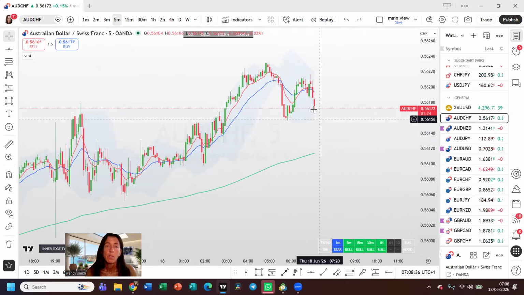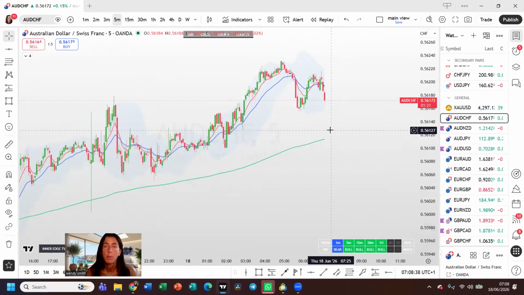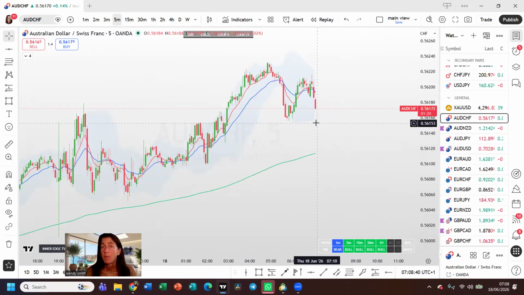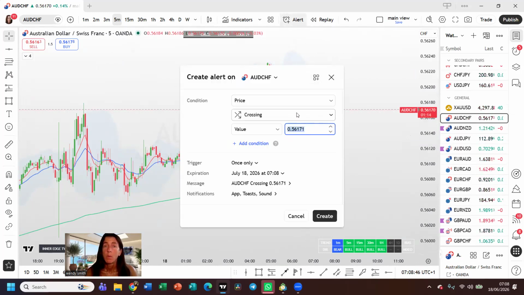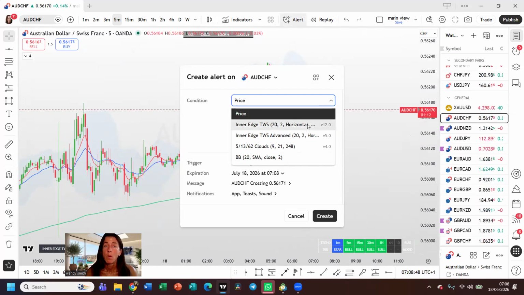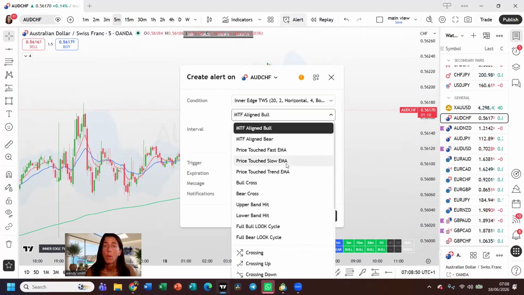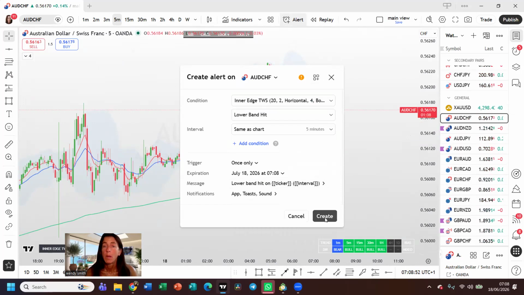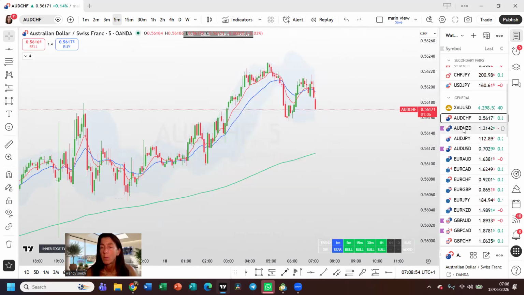So everything's obviously having a good dip at the minute. For this one, because it's done all this, I want it to breach the Bollinger Band if I was going to trade it. So I would put an alarm on a lower band hit. I'm not going to alarm all these up because they're not my trading pairs.